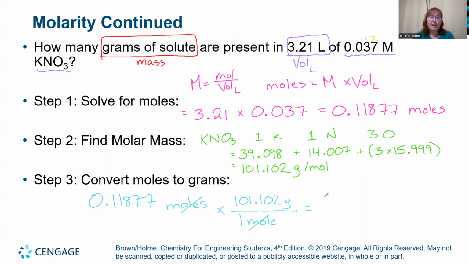And I get 12.00788. Now I can only have 2 significant figures, so this just becomes 12 grams.